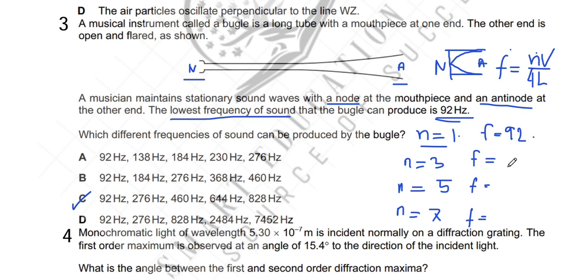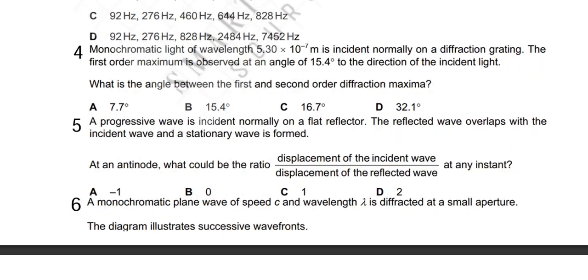That would be 3 times 92. It would give you 276. Again, do the same thing for n is 5. When n is 1, f is 92. When n is 5, what would be f? That would be 5 times 92, which is 460. And for this one, it would be about 644. So we just use simple unitary methods to solve it. According to that, the answer would be C.